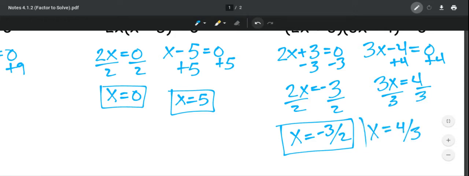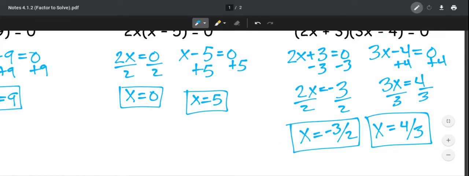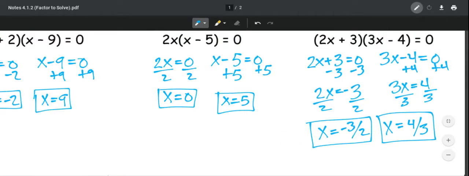Now, I'm doing fractions. If you wanted to do -1.5, that's fine. This one is 1.3333, so this one's a little bit ickier. So I would just do fractions, especially if they're like this. It's just a lot easier and quicker.